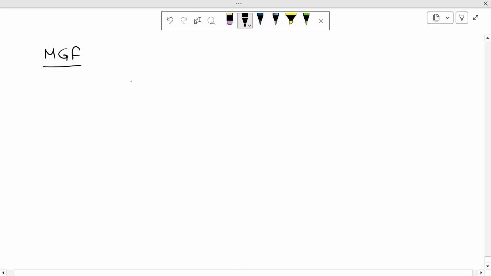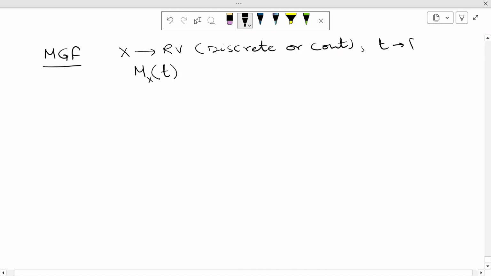First of all, let us discuss how we obtain the moment generating function. If we represent the moment generating function of a random variable x as M_x(t), here x is a random variable, maybe discrete or continuous, and t is a parameter of our moment generating function.